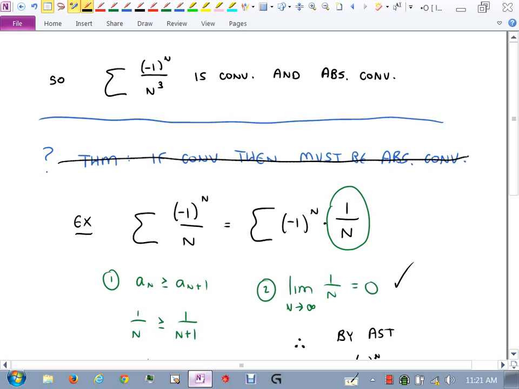I see some shaking of heads. Let's try that theorem the other way. Question mark. If a series is absolutely convergent, then the series by itself is convergent.